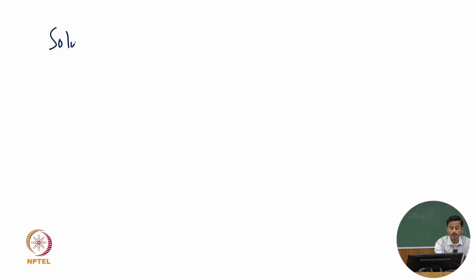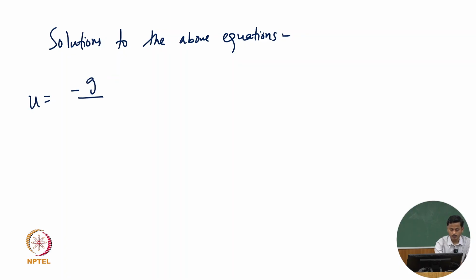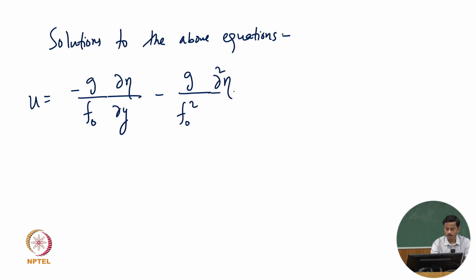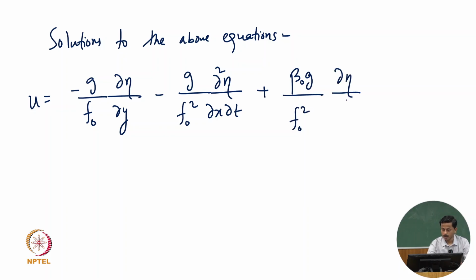The solutions to the above equation give us u equal to minus g by f naught del eta del y minus g by f naught squared del squared eta del x del t plus beta naught g by f naught squared del eta del y times y.